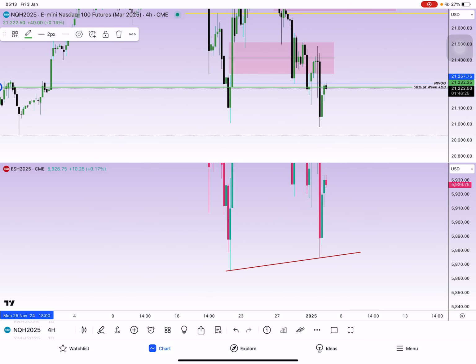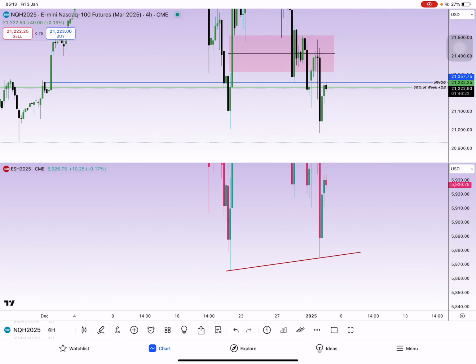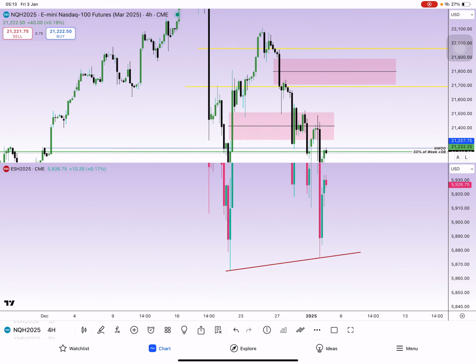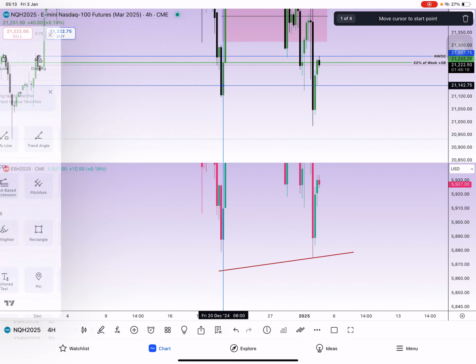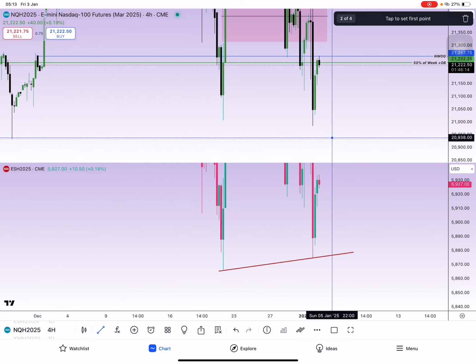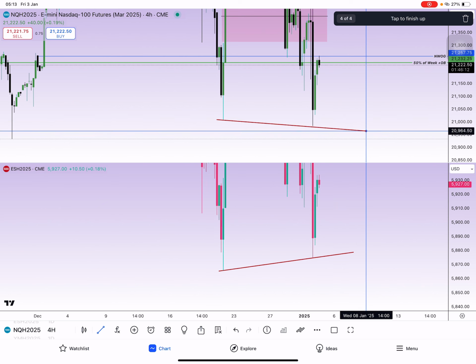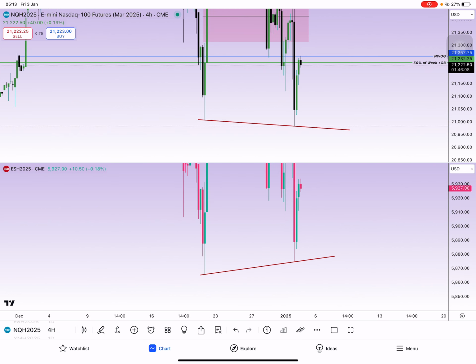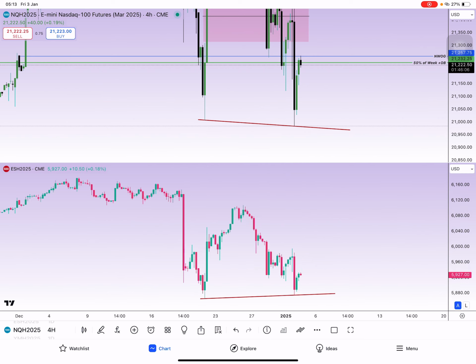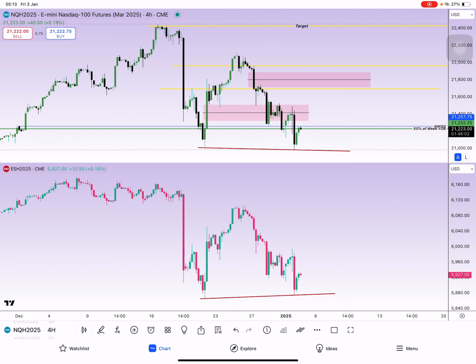This one stays, and if you see that they have taken the low in here on NASDAQ, you see the ES hasn't taken the low, and NASDAQ has already taken the low. So we see a clear SMT divergence between them.